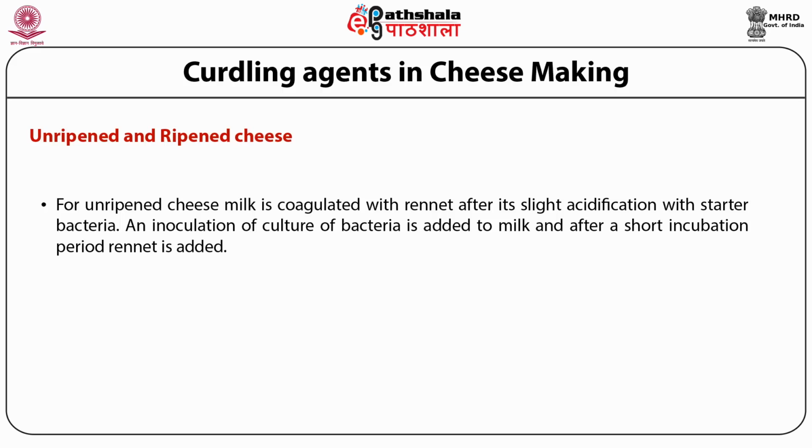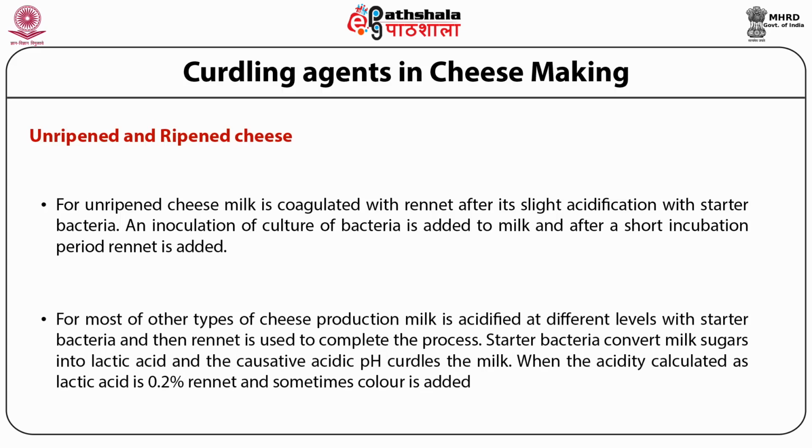First, an inoculation of culture of bacteria is added to milk, and after development of some acid by bacteria, after a short incubation period, rennet is added, and due to the mixed action of both of them, the taste and flavor of cheese is different.